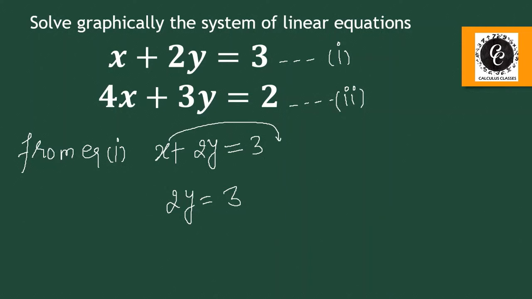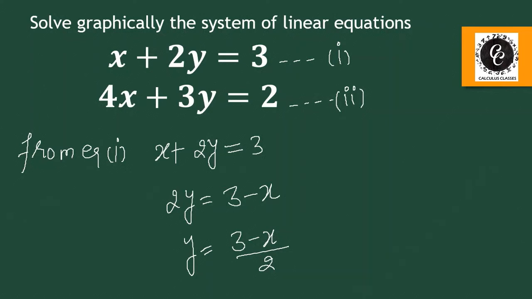While sending it to this side, it becomes minus x. After that, the equation will be in the form y equals 3 minus x upon 2. From here you can start keeping values of x as per your convenient calculation.